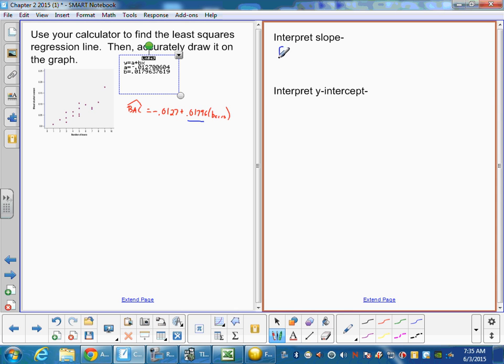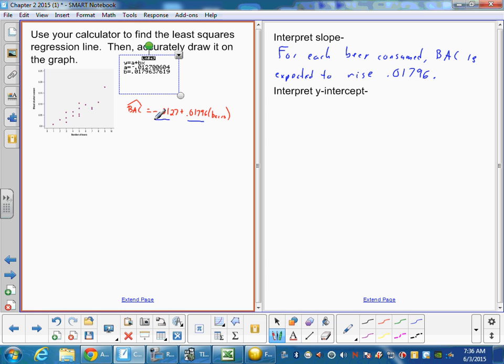So for each beer consumed, blood alcohol content is expected to rise 0.01796.